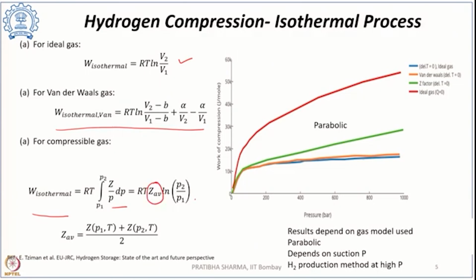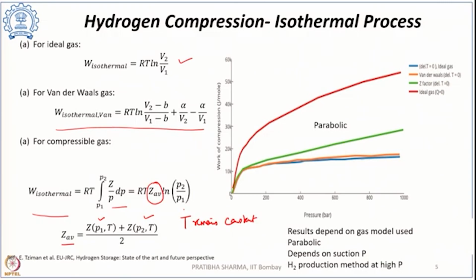We have already seen the variation of compressibility factor for different temperature and pressure. In this case, since it is an isothermal process, the temperature remains constant. So, the average compressibility factor is found as an average of the compressibility factor in the two different states where the pressure was different, one where the pressure was P1, the other where the pressure was P2, and then we can find the isothermal work for the compressible gas.